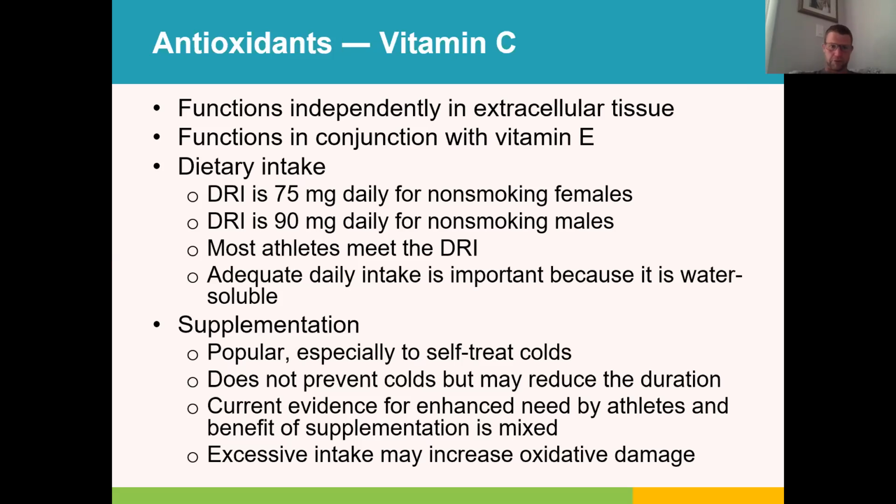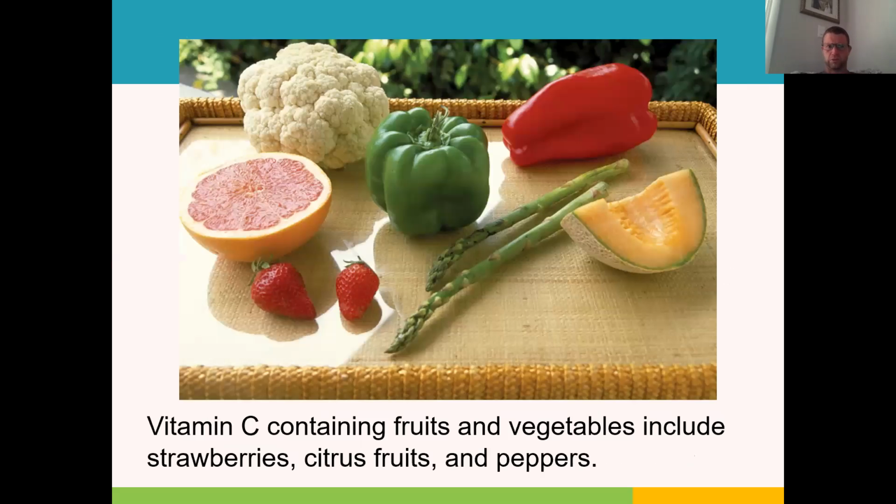What? They're not going to bring up the fact that they said something earlier about somehow it prevents colds in distance athletes that work out in the cold. Again, that's kind of a weird one to have on there, but like I told you, I wouldn't pay any attention to that particular anecdote that they have in the slides. All right, so vitamin C containing fruits and veggies include strawberries, citrus fruits, and peppers.